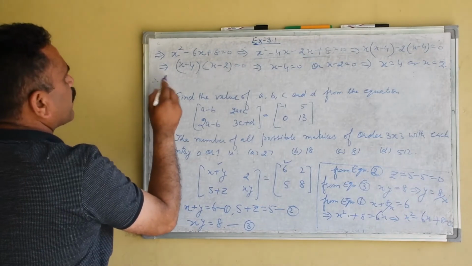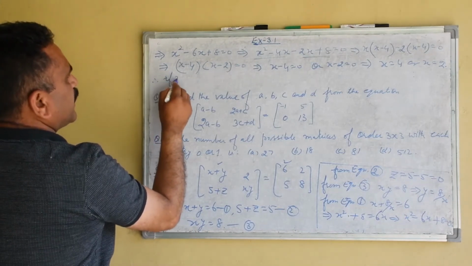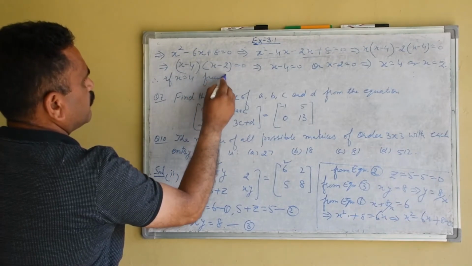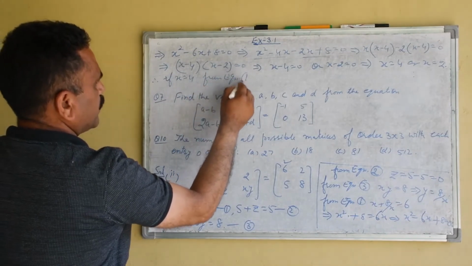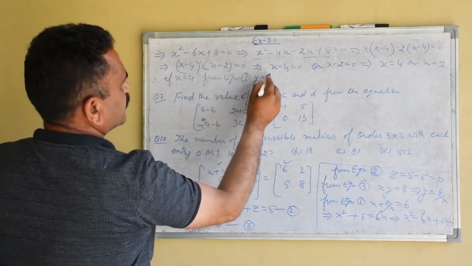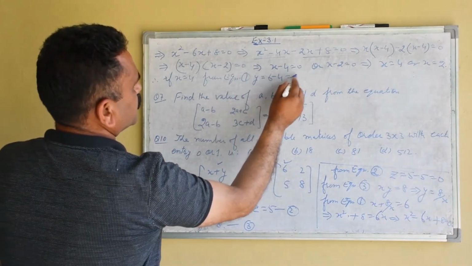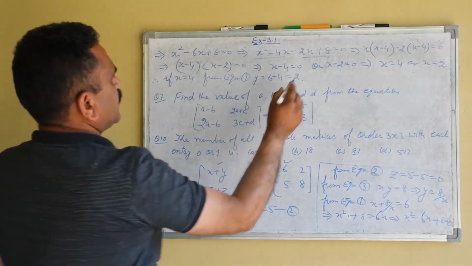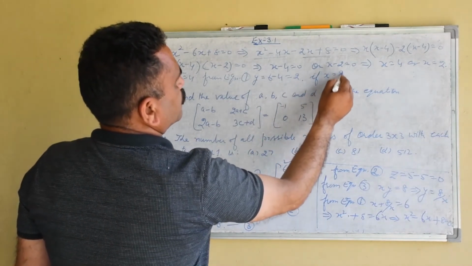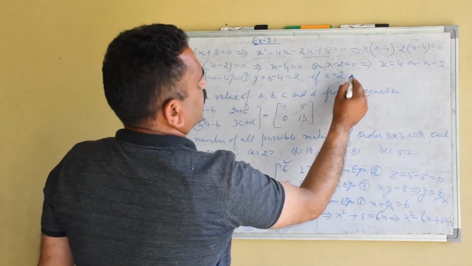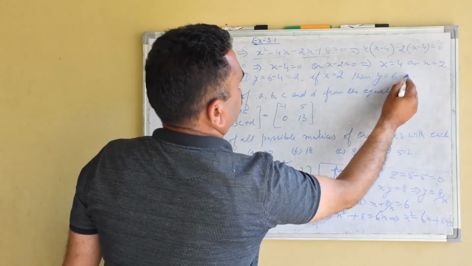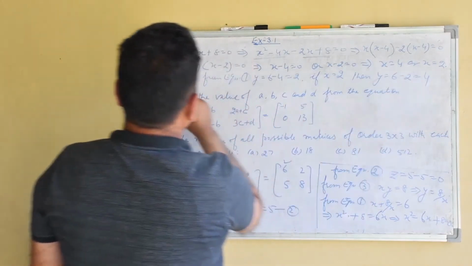Therefore, if x is equal to 4, from equation 1, put 4 in place of x: y is equal to 6 minus 4 is equal to 2. And if x is equal to 2, then y is equal to 6 minus 2 is equal to 4.